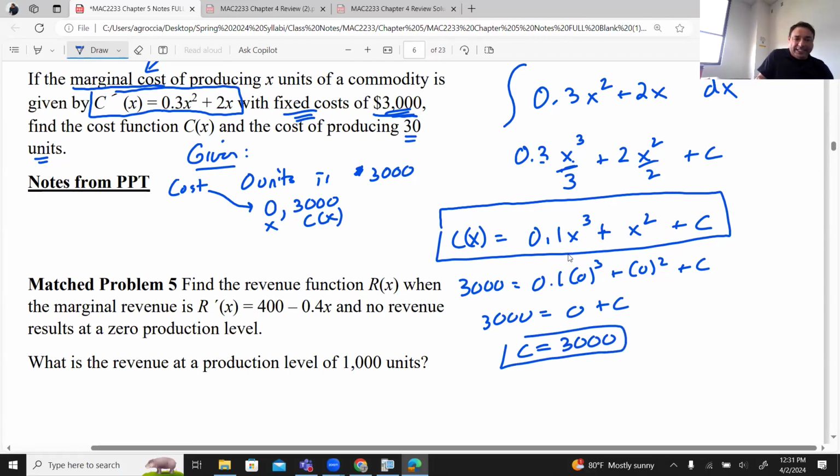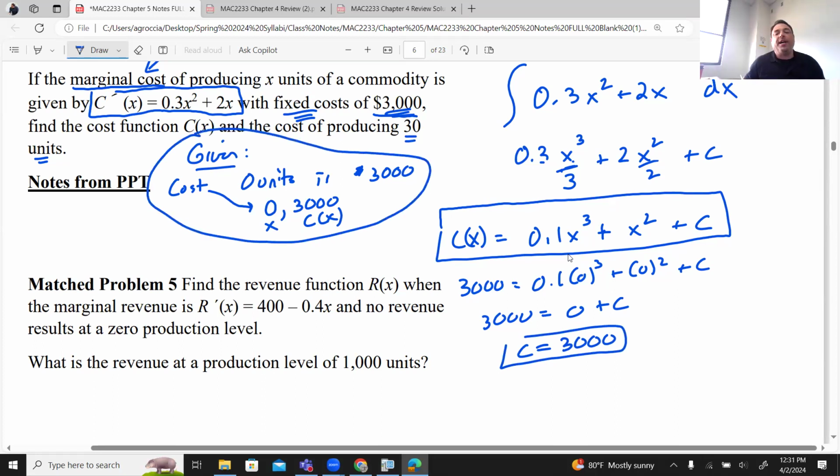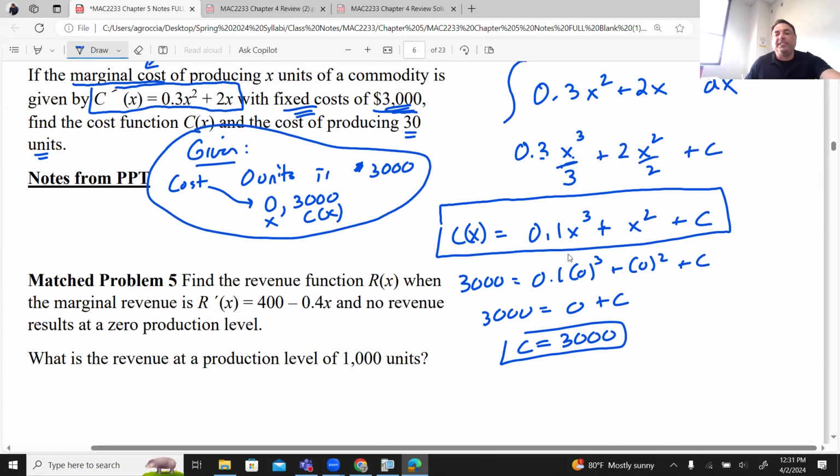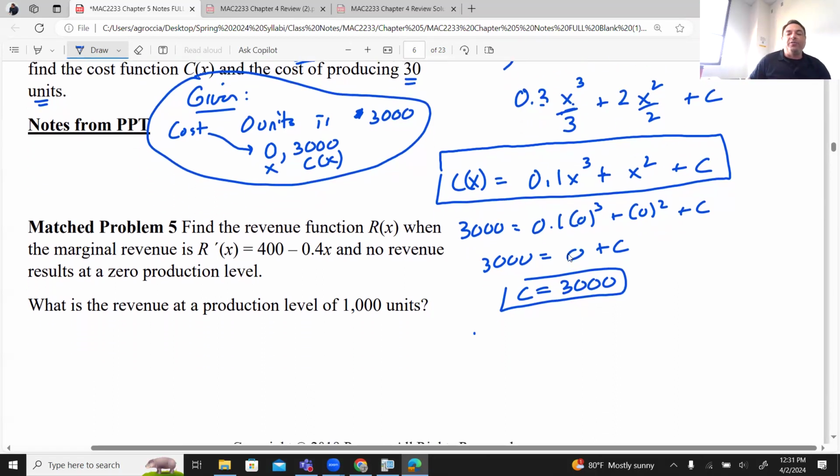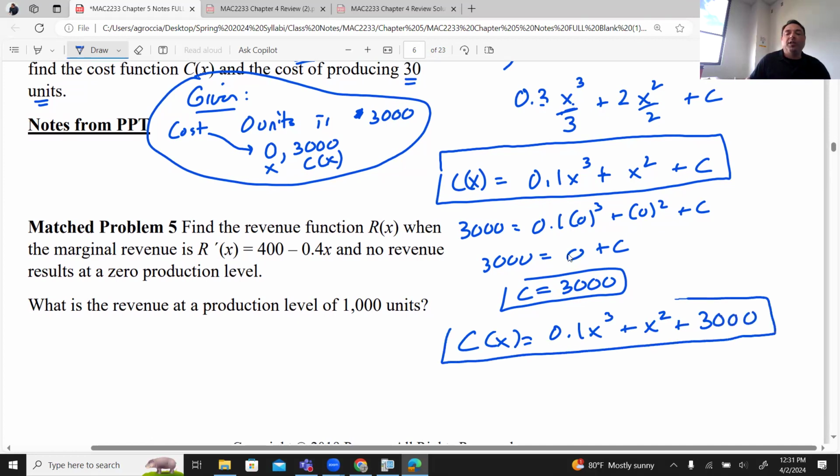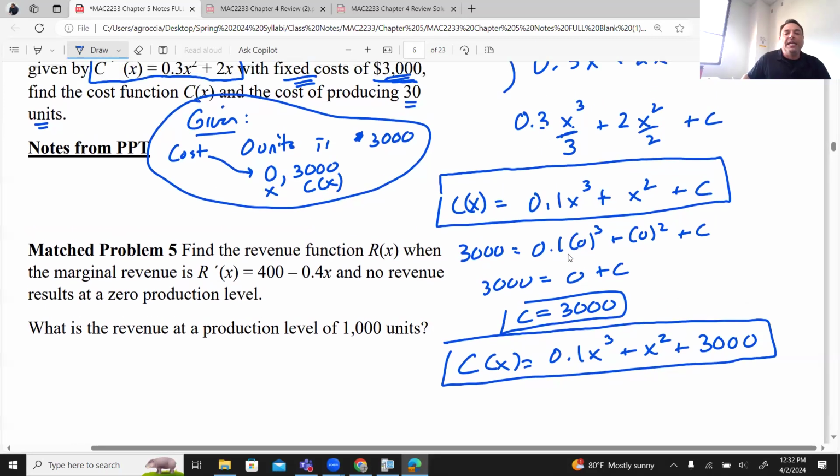So you have to be given some information about cost so we can solve for C. Now that I found what C is, 0.1 x cubed plus x squared plus 3,000. You can now tell your boss, here is your complete cost function. Now you can answer the last question, how much will it cost me to have 30 units?